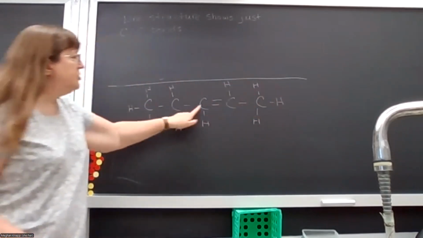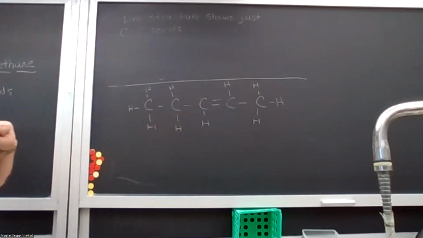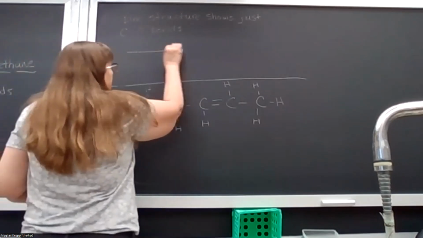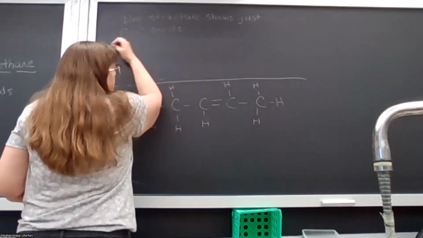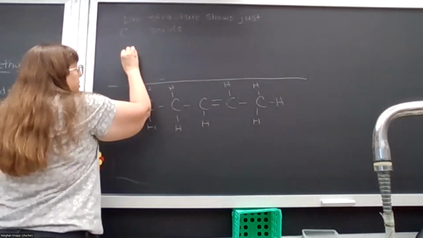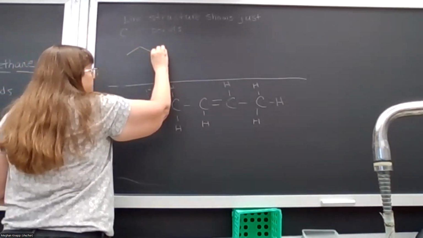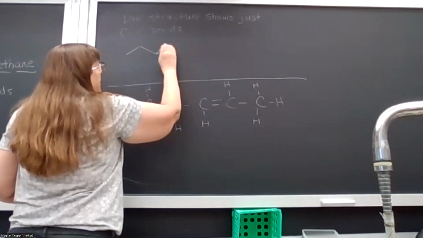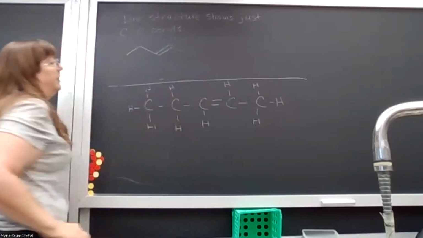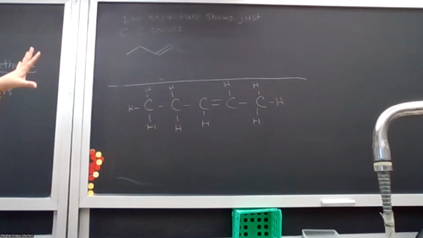So I'm going to have 1, 2, 3, 4 lines, one of which is going to be a double line. I'm not going to have any letters on here. And in order to keep it from being one straight line, what we do is we go up and down. So it's going to be line up, line down, line up, that is a double bond, and then a line down. So when you see a structure that looks like this, every corner and every end that doesn't have any letters on it is going to be a carbon.